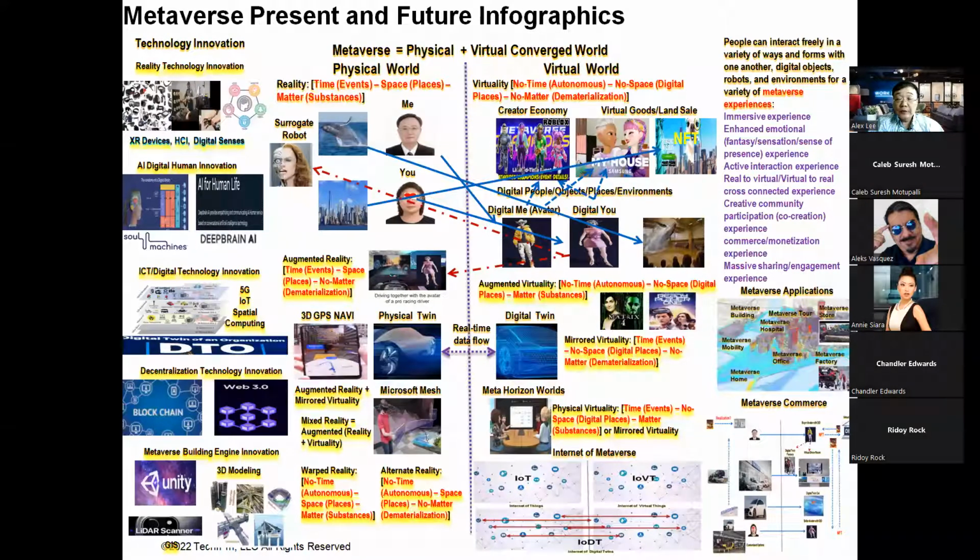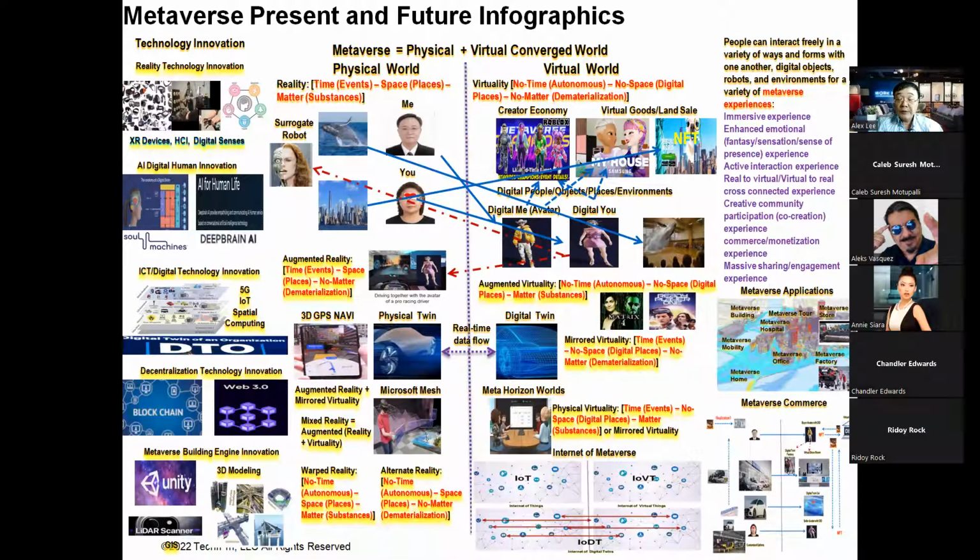And we want to join as avatars, and avatars can evolve to be more human-like, with AI playing a fundamental role in that. We also need supporting infrastructure: networks like 5G or 6G, sensing devices, IoT, and computing over your virtual space and nearby space, which we call spatial computing.